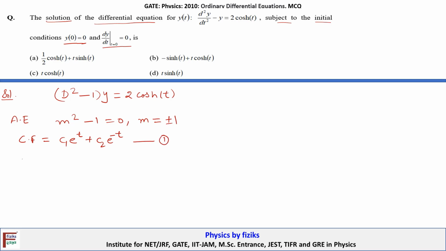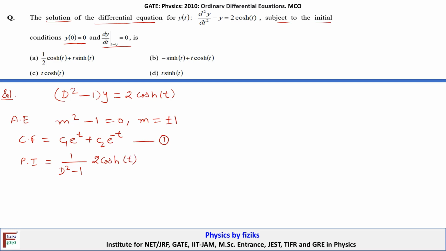Now for the particular integral we write it as 1/f(D), where f(D) = D² − 1, into the right hand side of the given differential equation, that is 2 cosh t.